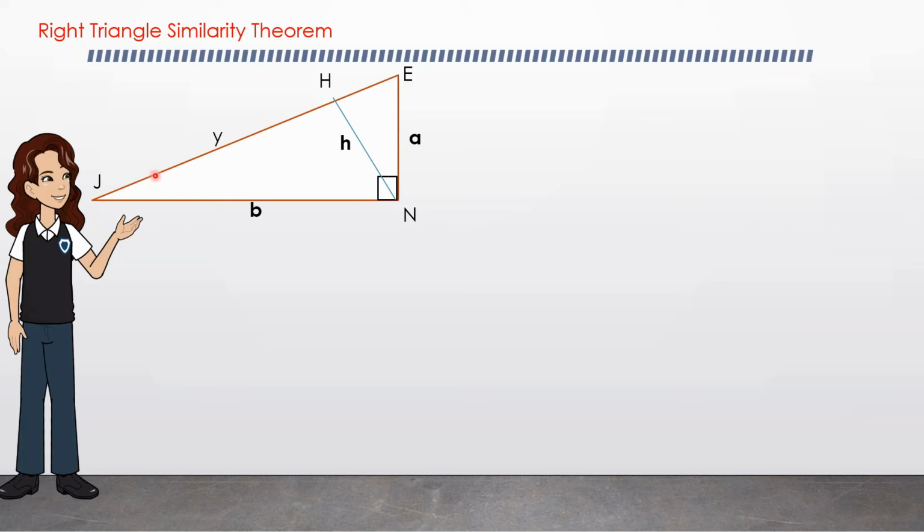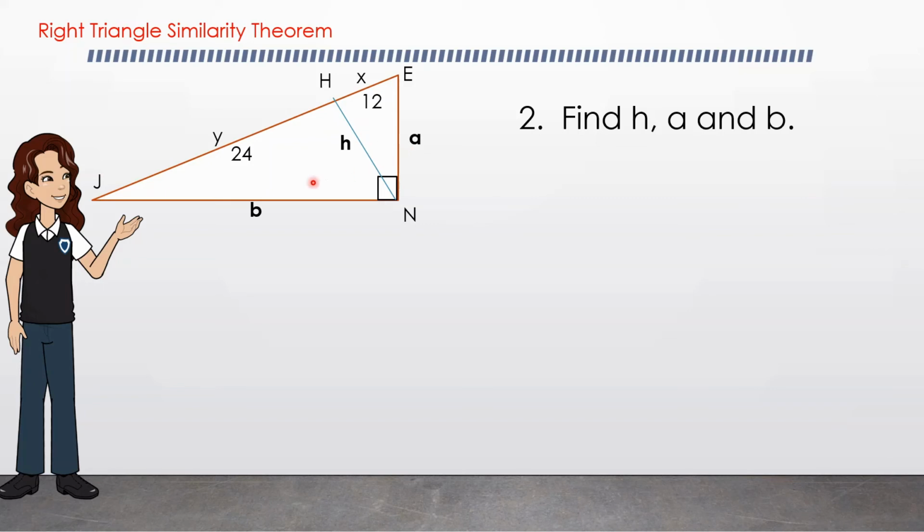And this part, we can write side Y, and this is side X. So, we have the measurement of Y is equal to 24, and the measurement of X is 12. Find H, A, and B.